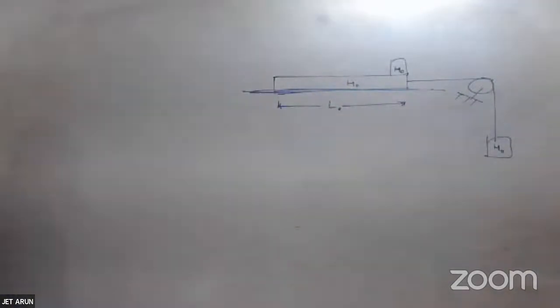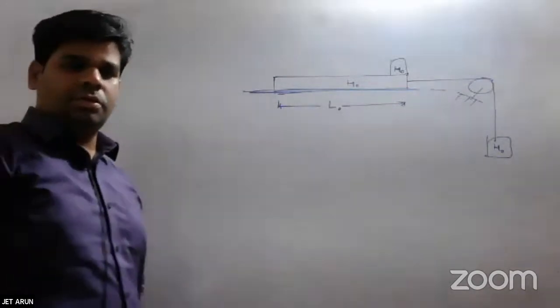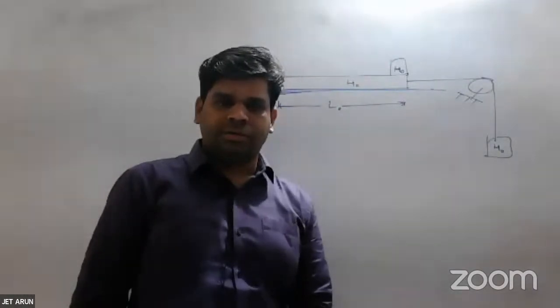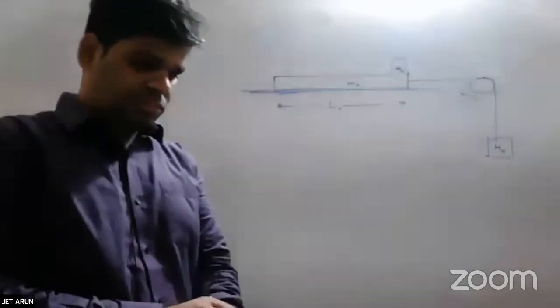How do we do this question? Again, I'll start with a reference frame, FBD, F is equal to MA. The masses are equal also.